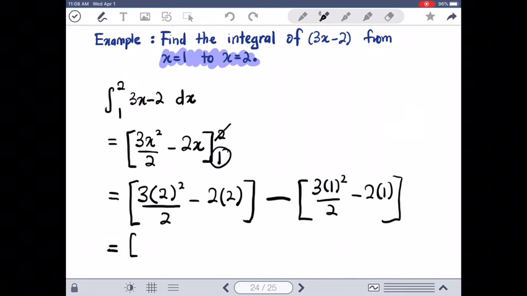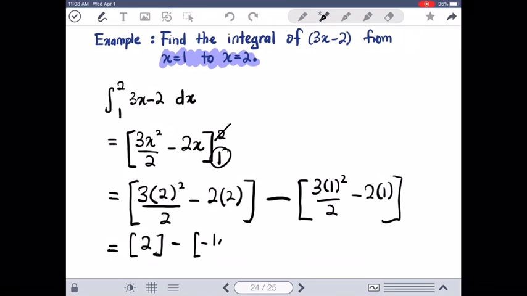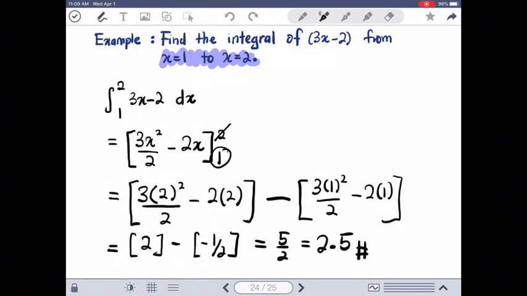So we should get for the first part 4, minus the second part, which is minus 1 over 2. So the final answer is 5 over 2 or 2.5.